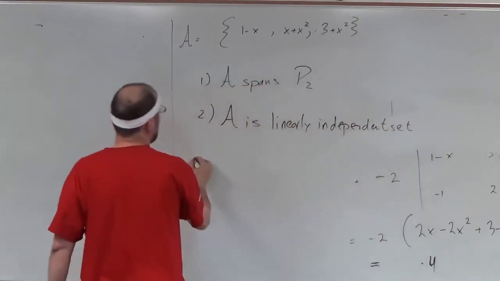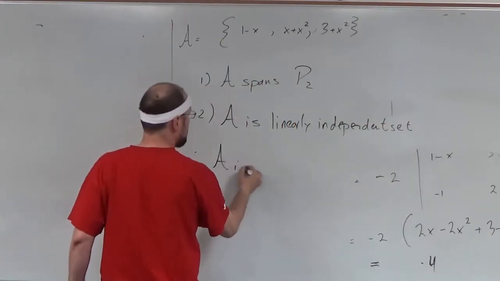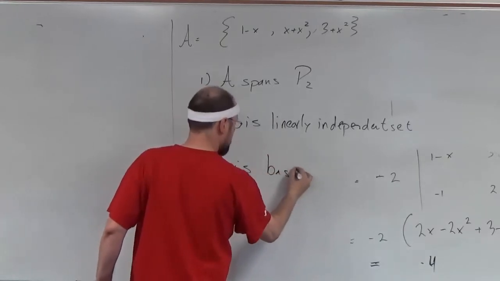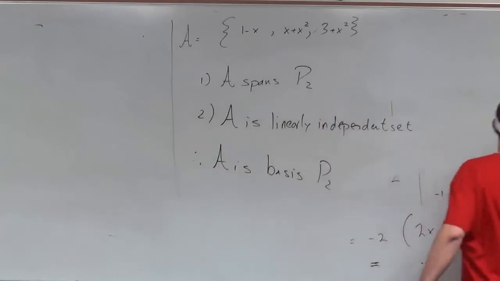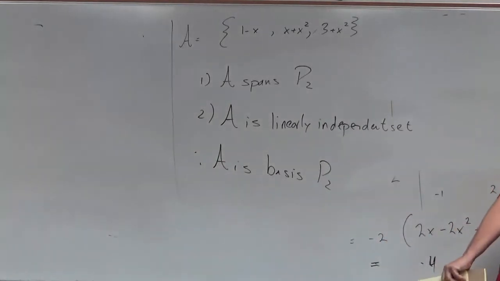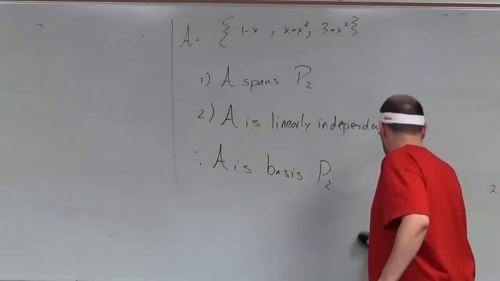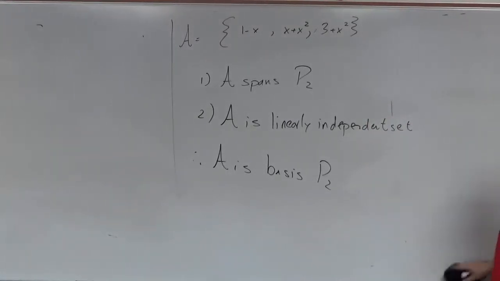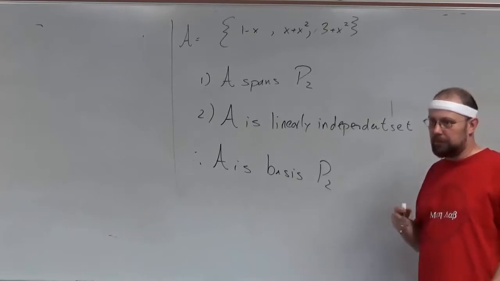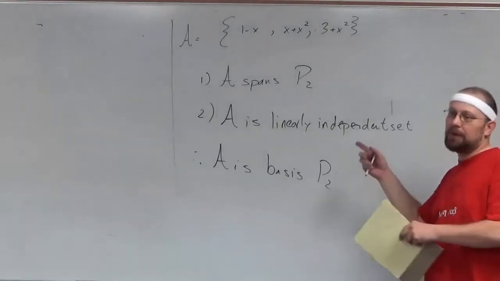So we can conclude that A is a basis for the set of polynomials of degree 2 or less. You have to prove both, or just one? Formally, you would prove both. Again, if you have special cases where you have as many vectors as the dimension, then prove one, and you get the other.